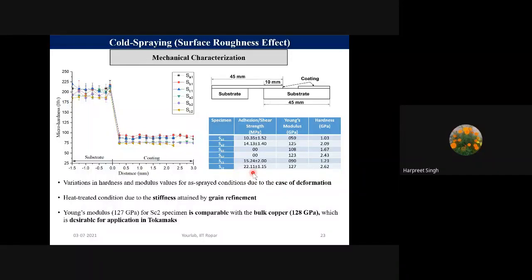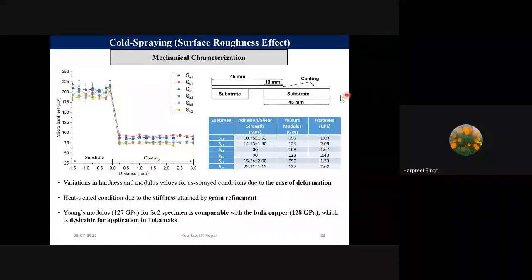Now anyway, coming back to the context of our SEM, and to understand the role of surface roughness in better depth, we did this lap shear test, what they call. Consider that initially this is the same, right? In lap shear, we cut here and then pull it in this direction, so that this section is under shear.